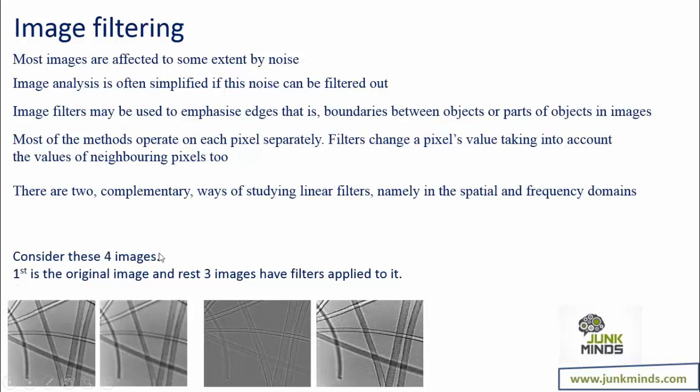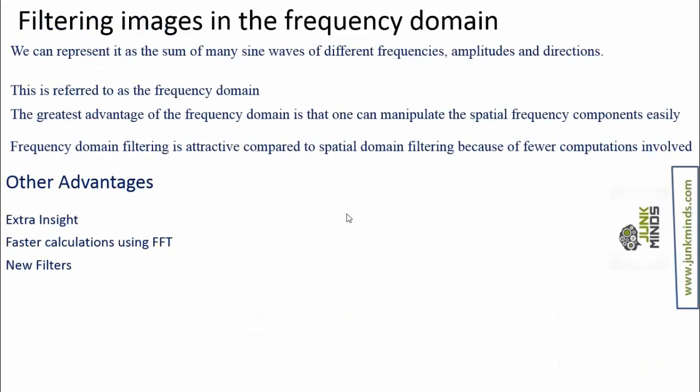Now there are two complementary ways of studying linear filters, which are in the spatial and the frequency domain, which we did earlier. So now let's see filtering images in the frequency domain. We can represent an image as a sum of many sine waves of different frequencies, amplitudes and directions. That is the frequency domain. The greatest advantage of the frequency domain is that one can manipulate the spatial frequency components easily, as I said before.